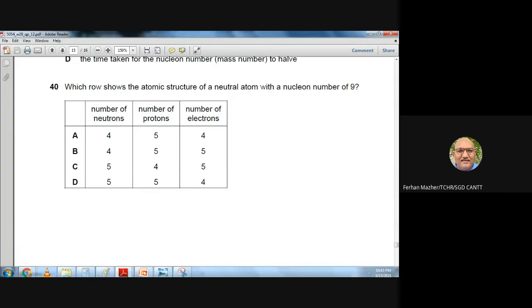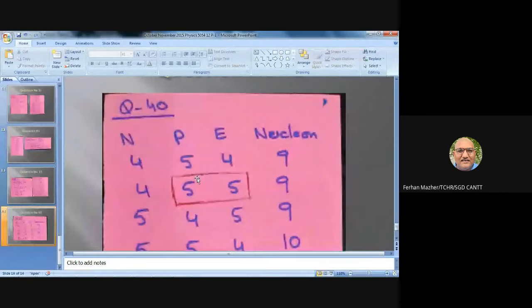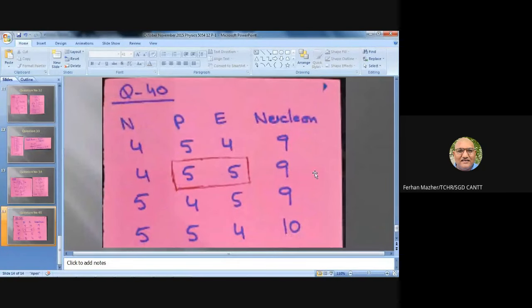I've done this on a paper. Let me show you here on your screen. So the nucleon number is neutron plus the proton. So the first, second, third, their nucleon number is 9. So 10 is out and the last one is out. It cannot be the option.